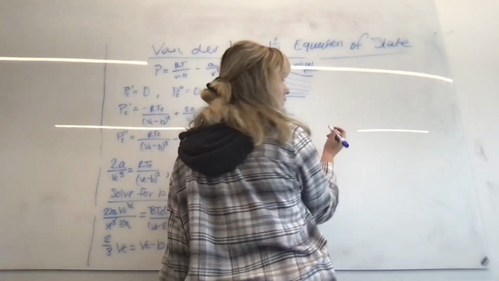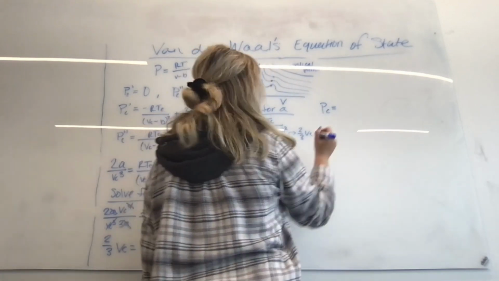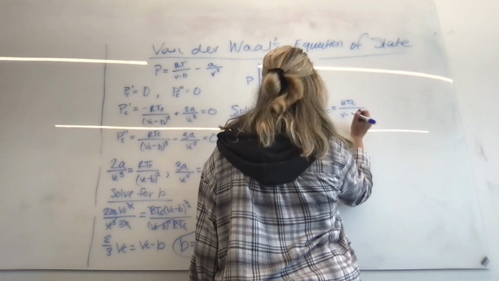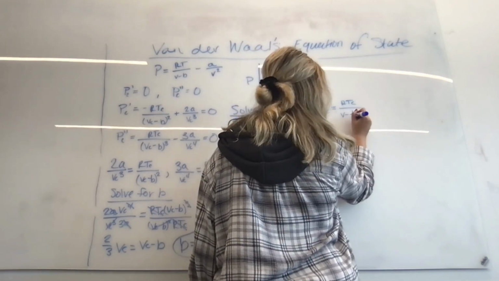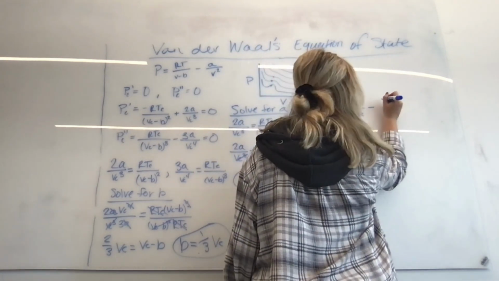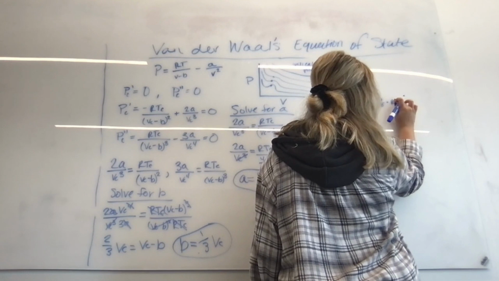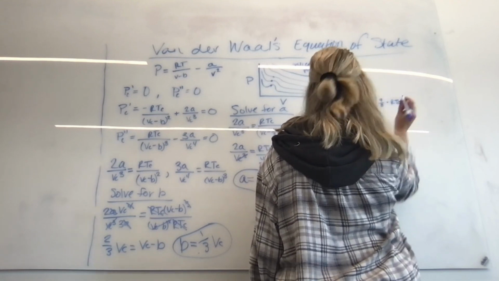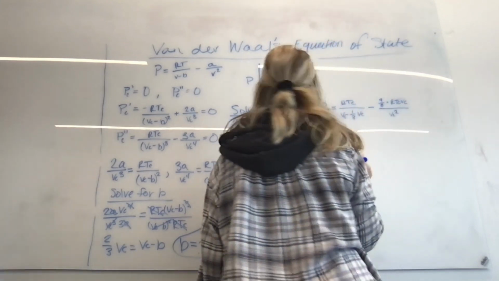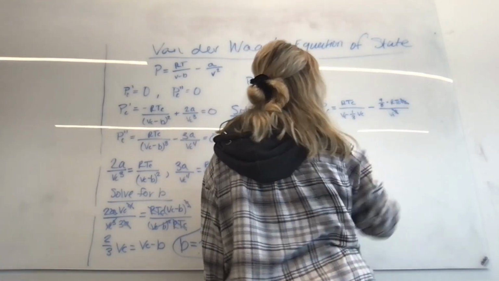So that's going to leave us with our critical pressure is equal to R times our critical temperature over B_C minus 1/3 B_C, minus 9/8 times R T_C V_C all over B_C squared. So now let's do a little bit of canceling here. And so this is going to cancel out and that's going to cancel out.